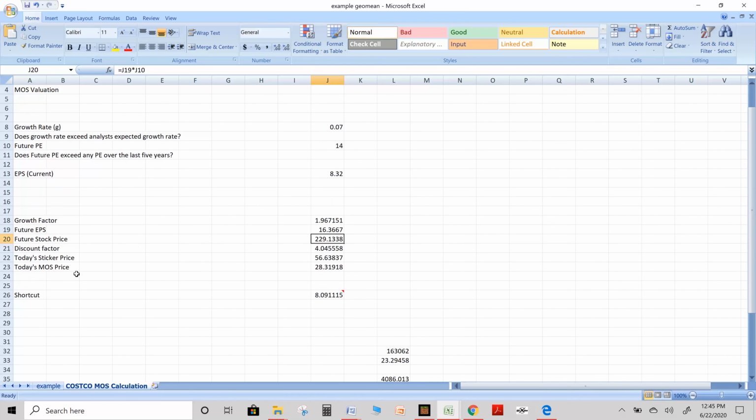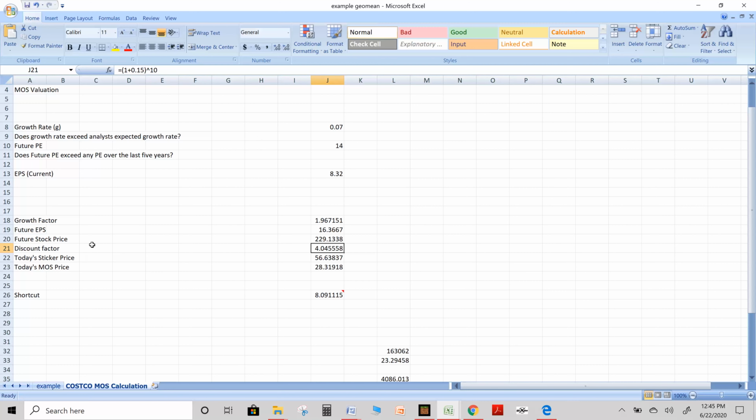So in order to bring that back to today, I use a discount factor. Similar to a growth factor, it's a discount factor, except this time I'm going to use 15 because I want a required return of 15% every year. So 1 plus 0.15, so 15 in decimal form, and again raise to the 10th power, and I get this number right here.